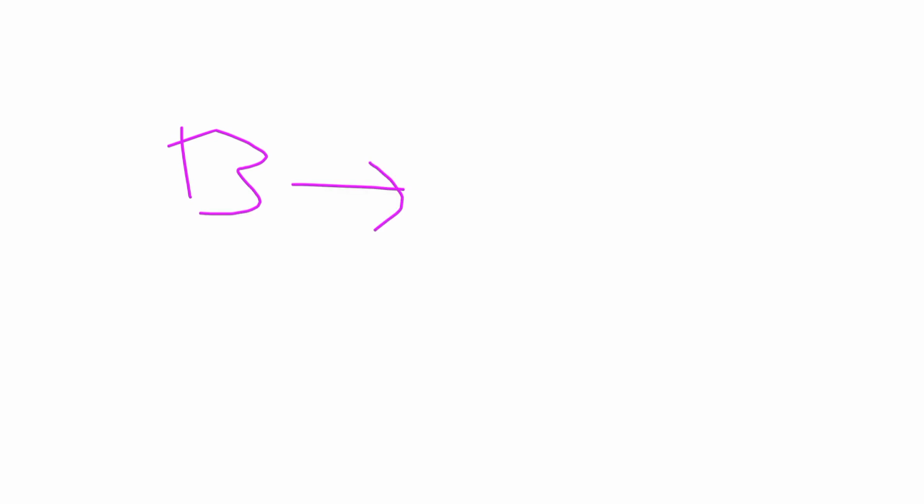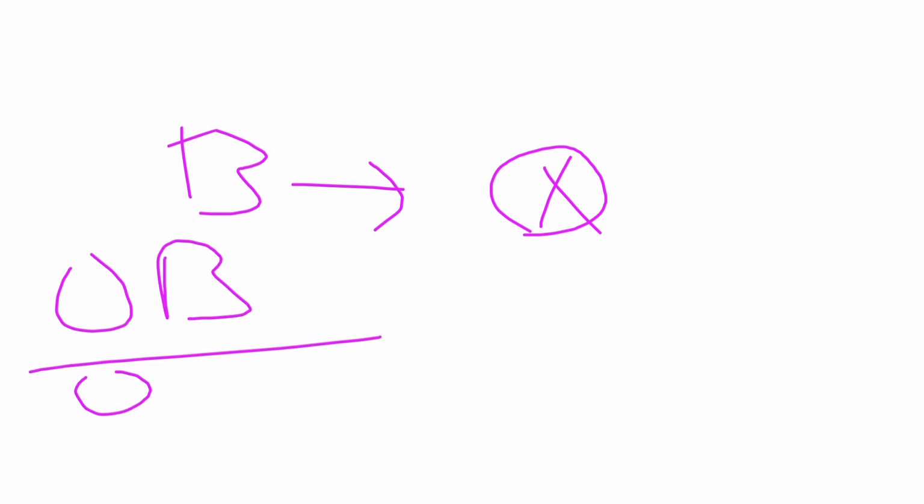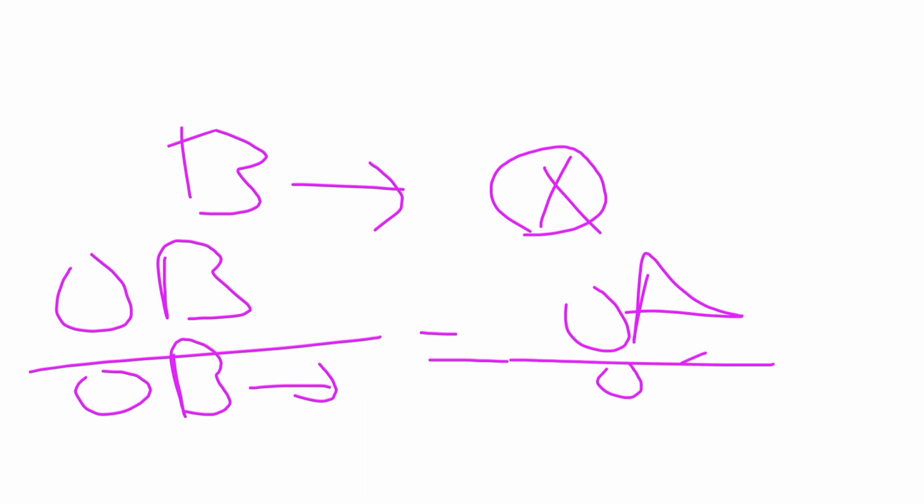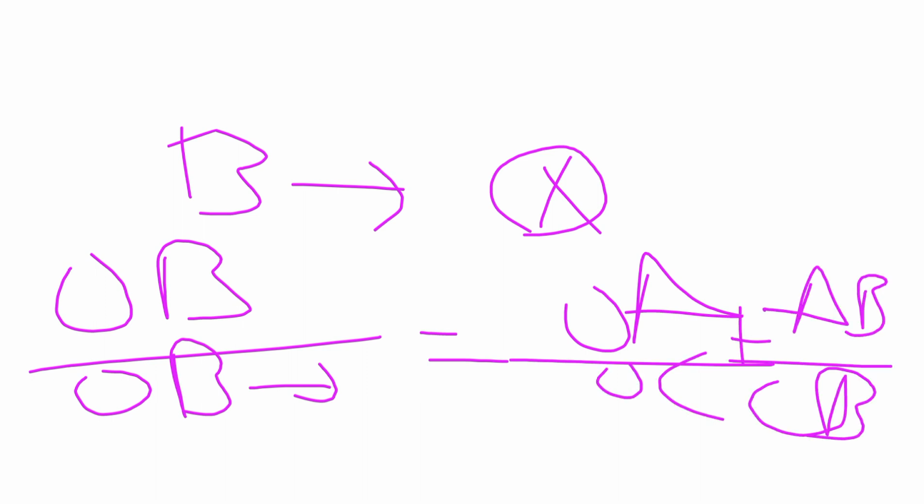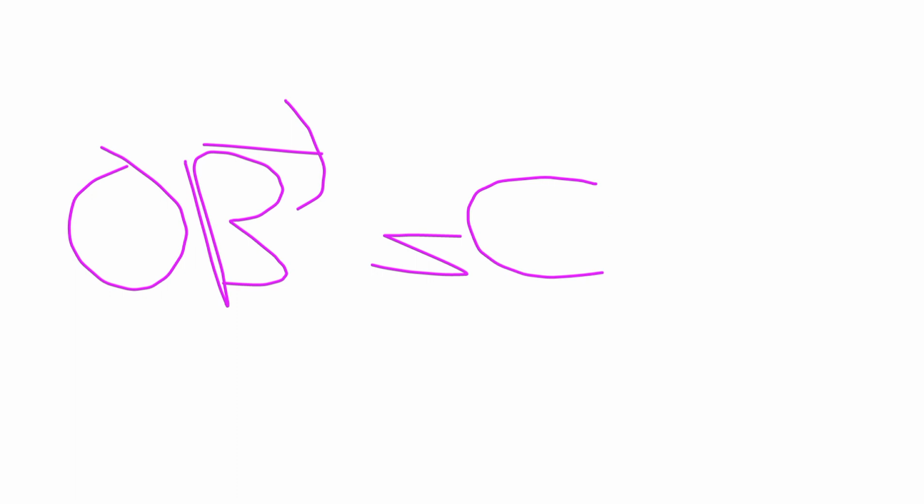So OB vector, I do not count it right now. OB over OB vector equals OA over OC plus AB divided by CB. Next, what is the OB vector? CO vector minus BC vector.